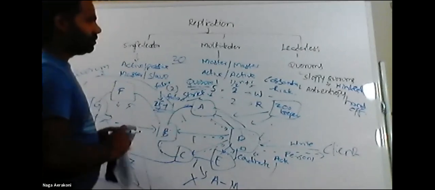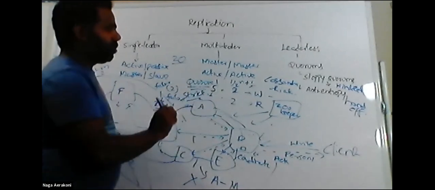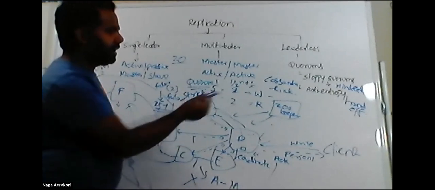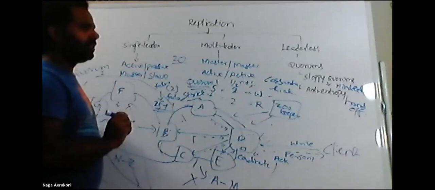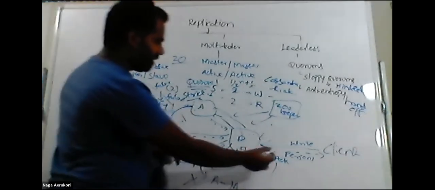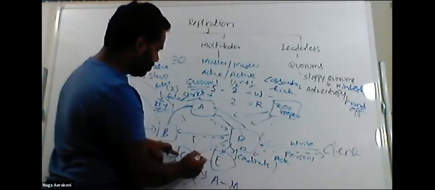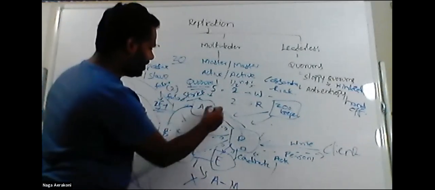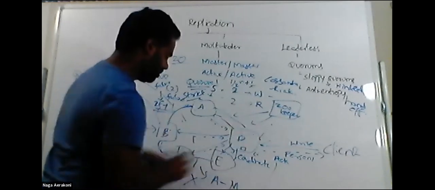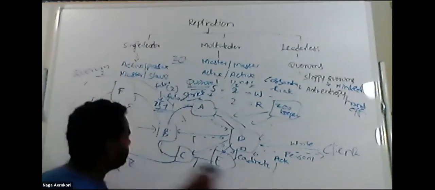Okay, so that's about sloppy quorums and hinted handoff. And anti-entropy is actually the process. In the first scenario I described, the write was fulfilled by A. Let me write this again.